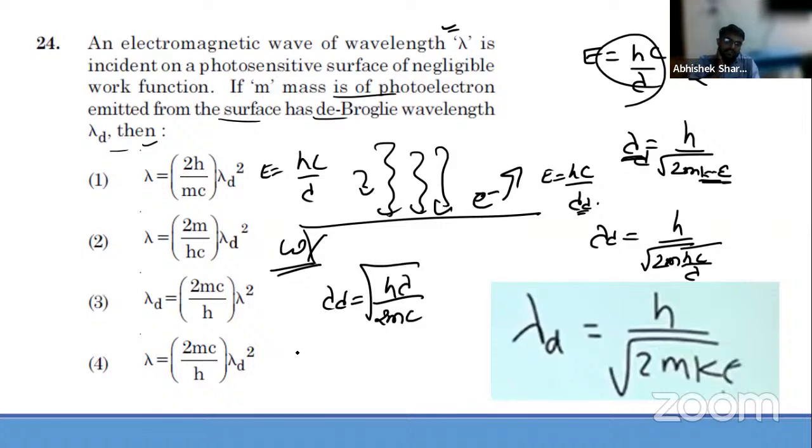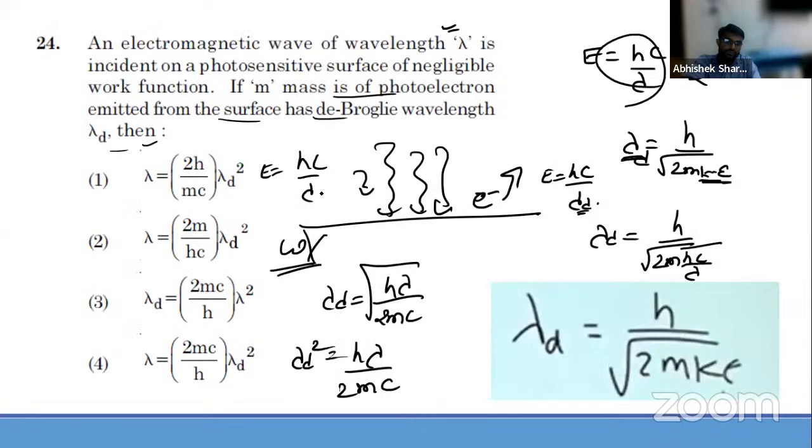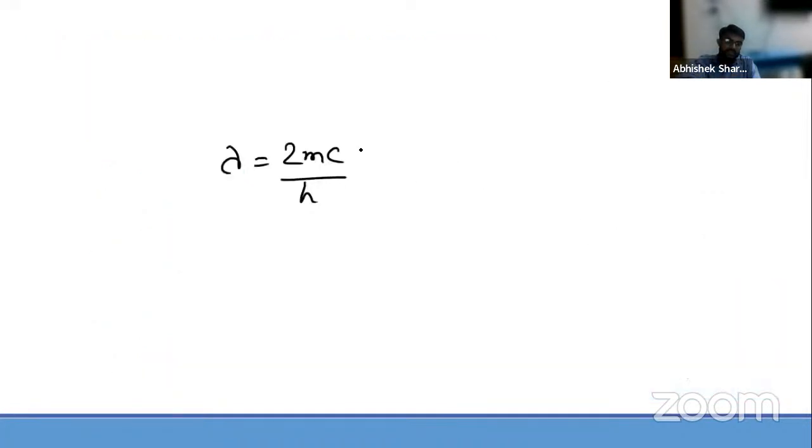Just square both the sides. So lambda d square equals h lambda by 2mc. So lambda is 2mc by h lambda d square. This is the answer.